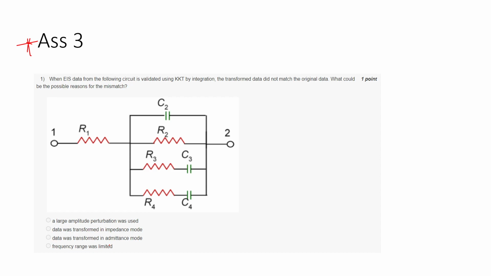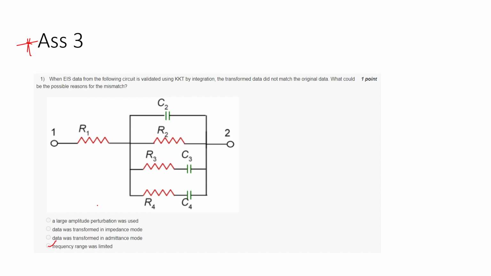Who can tell the answer? The answer is frequency range was limited, but what is the logic behind that? See, this was already discussed during assignment 3. So what does KKT do? It tries to fit the data, right?